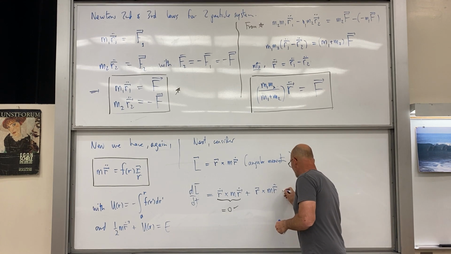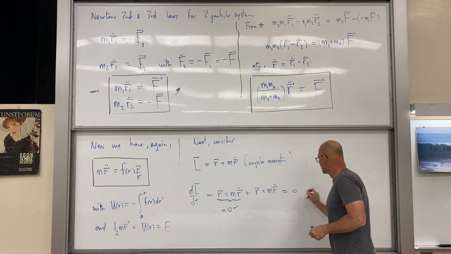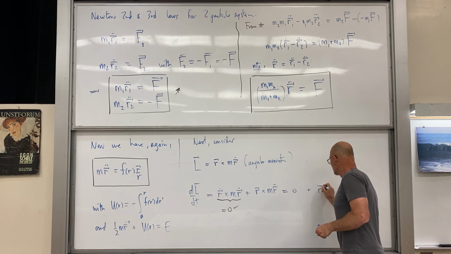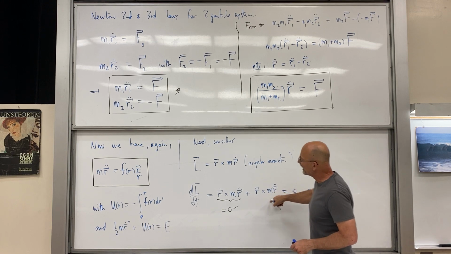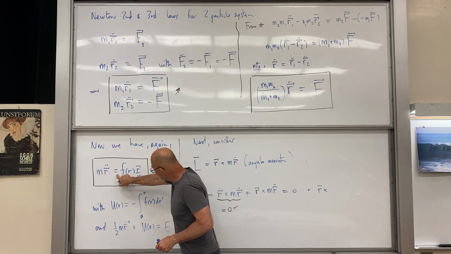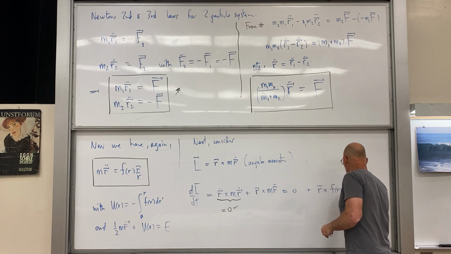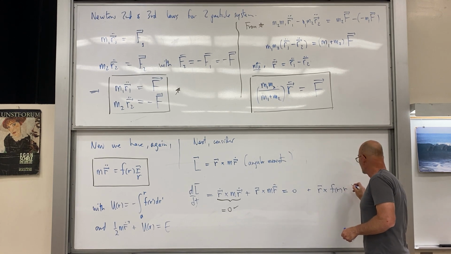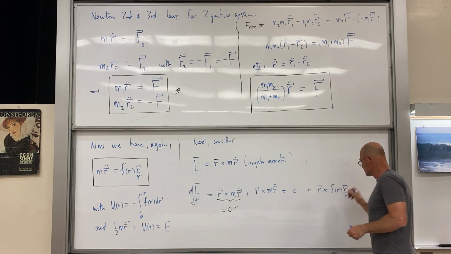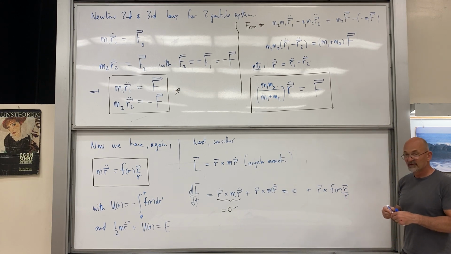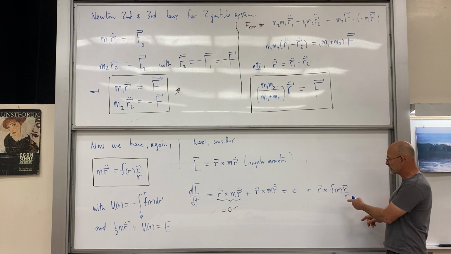We've got r cross m r second derivative, which we can substitute with F of r times r divided by its magnitude.